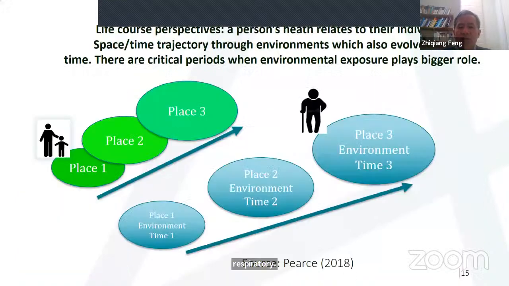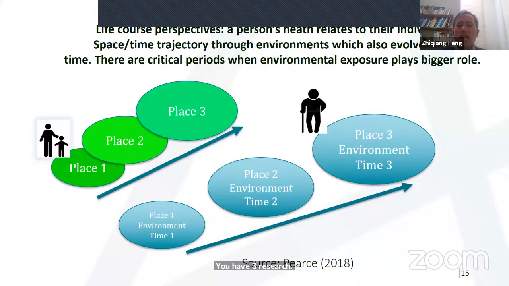And in recent years, one of the key developments in health geography is to apply the life course perspective or theory in health geography research.